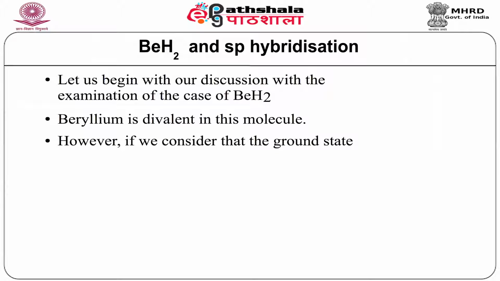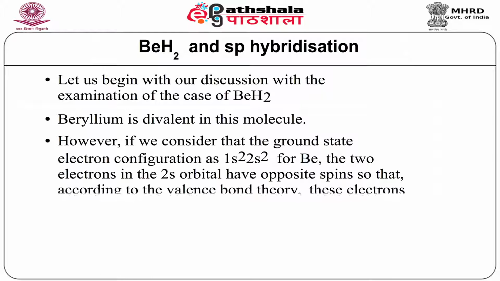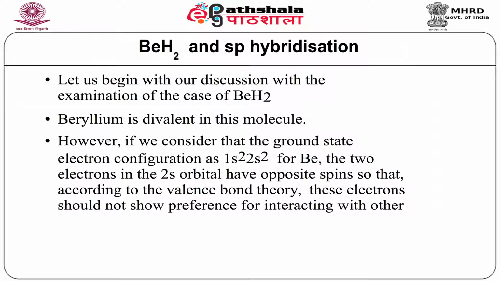However, if we consider the ground state electron configuration as 1s2, 2s2 for beryllium, the two electrons in the 2s orbital have opposite spins, so that according to the valence bond theory, these electrons should not show preference for interacting with other atoms.